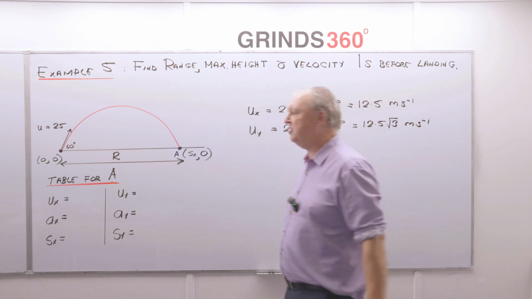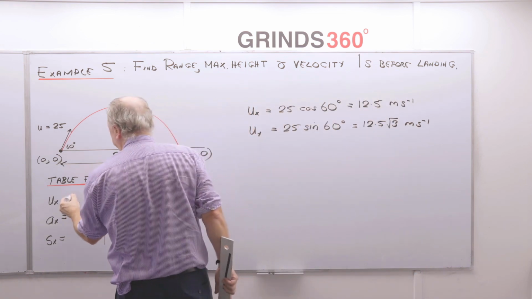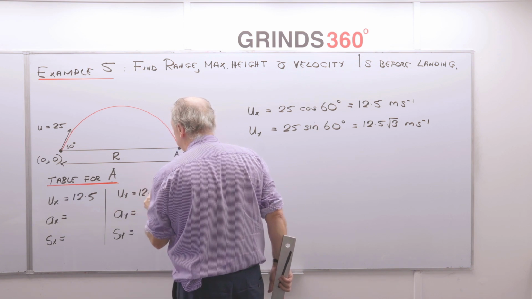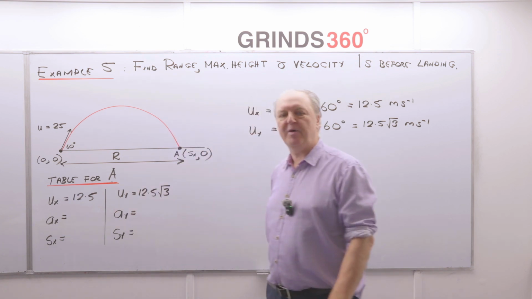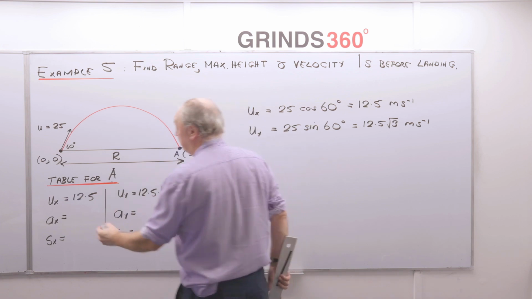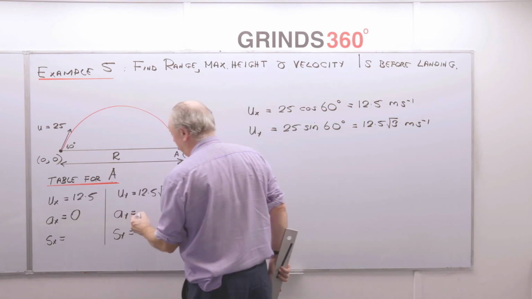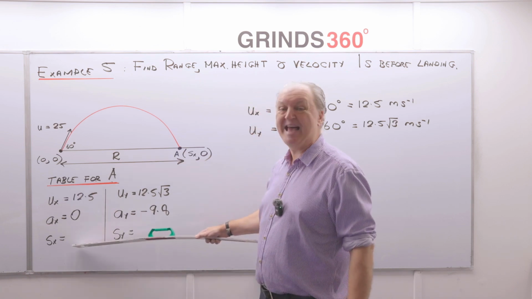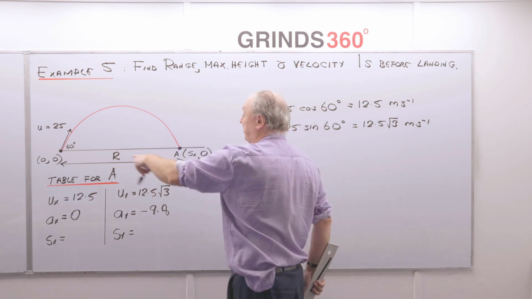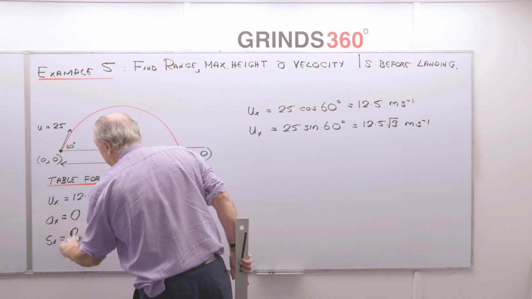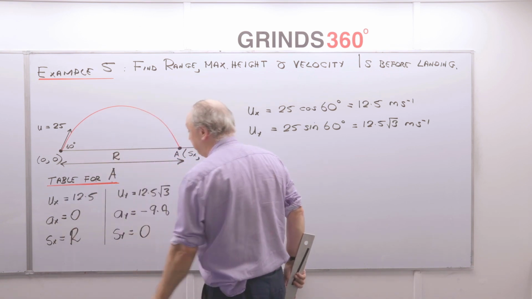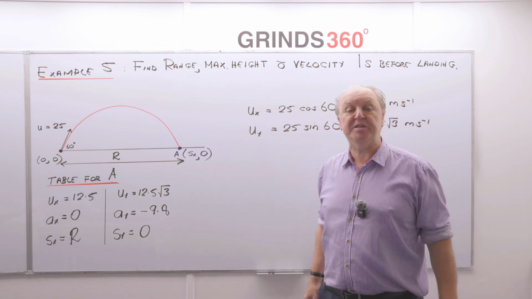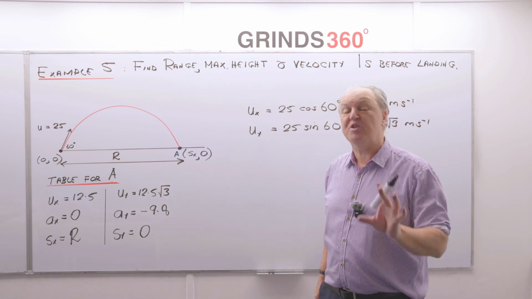Let me put those entries in here. ux is 12.5 and uy is 12.5 root 3. And what about ax and ay? They're always the same, aren't they? In these problems, 0 and minus 9.8. And what about Sx? You could call Sx the range, the horizontal distance it travels along the ground. And Sy is 0. My first inclination here is I have full information on the right-hand side of the table, the y part, and that's where I will start.